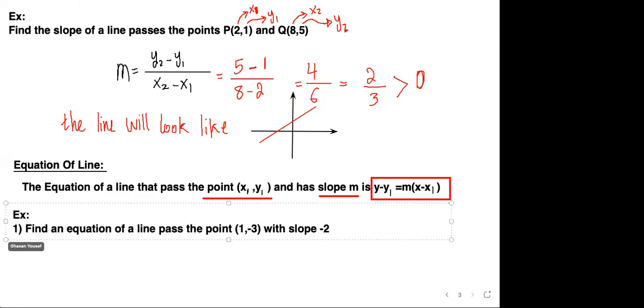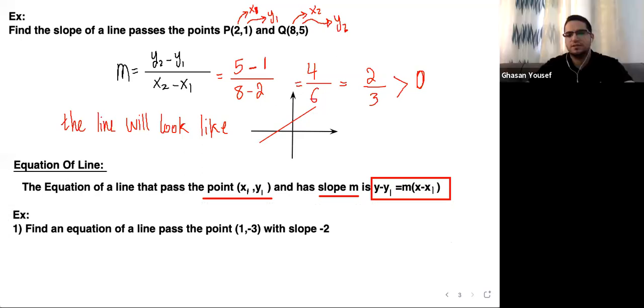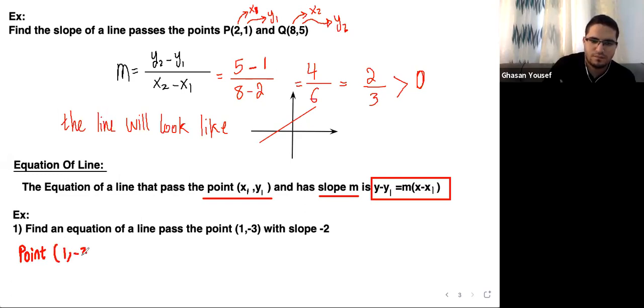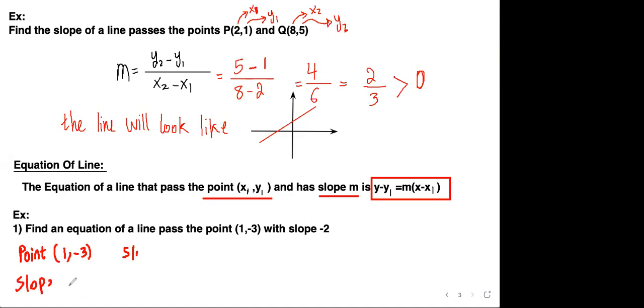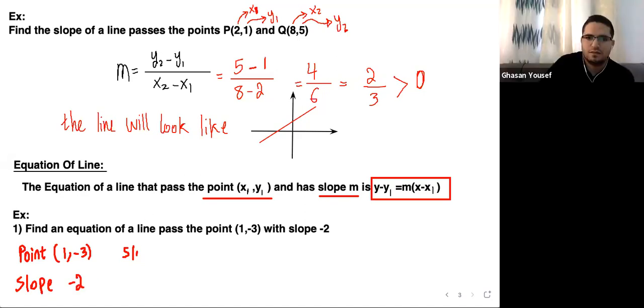First, the slope is given and also the point is given, the line passes the point. So I have a point and slope. Just plug inside the equation.